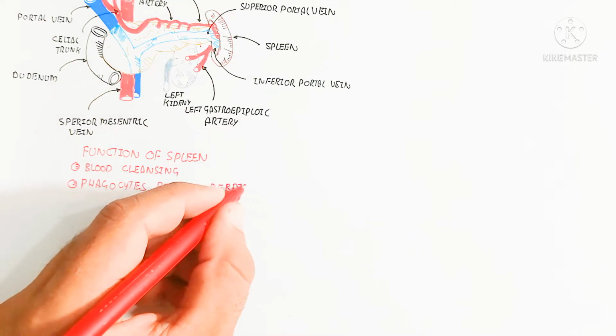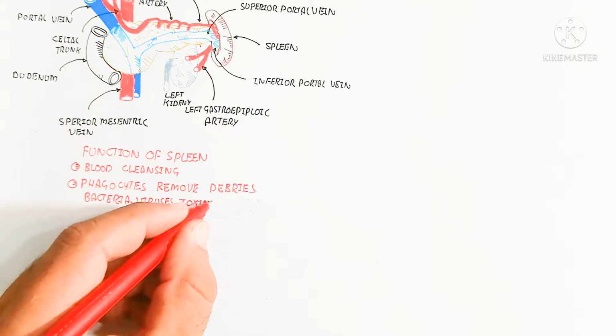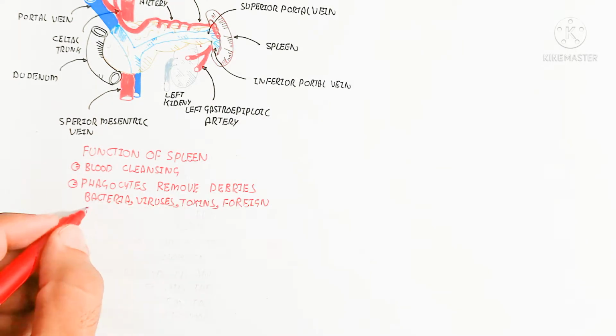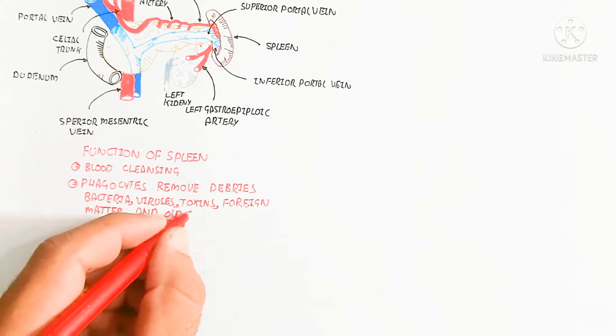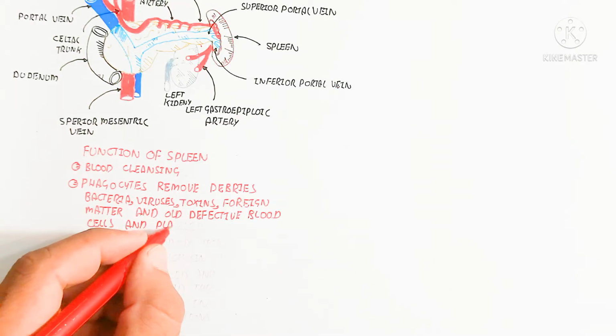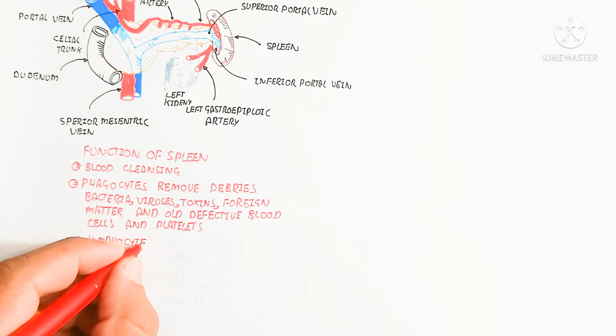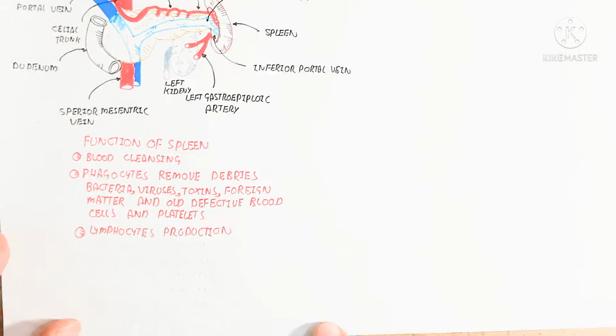Now we will discuss the functions of the spleen. The first is blood cleansing, which means cleaning the blood of pathogens and red blood cells. The phagocytes remove debris, bacteria, viruses, toxins, foreign matter, and all defective blood cells and platelets.